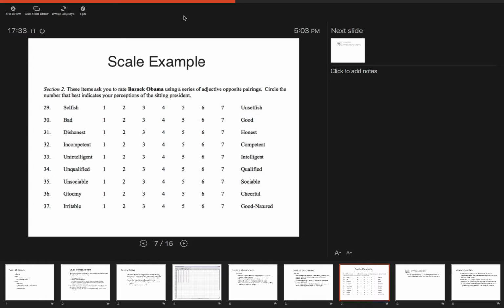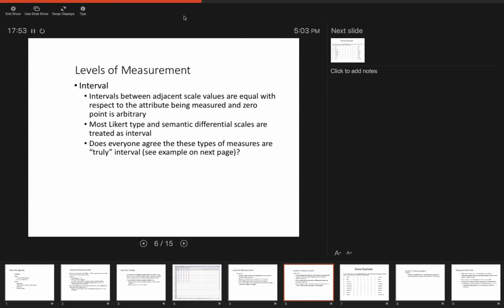There might be some data collection, maybe you're working with a group of highly charged partisans and you're doing something about politics, where that argument might not work quite as well. But that would essentially be the argument that errors will cancel each other out. Therefore, we can use our semantic differential or Likert scale as an interval level measure.